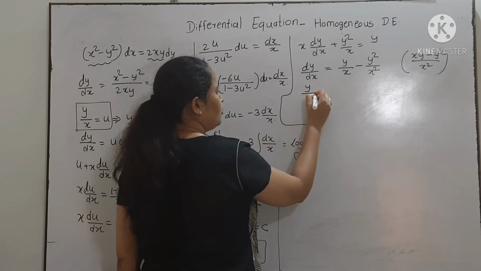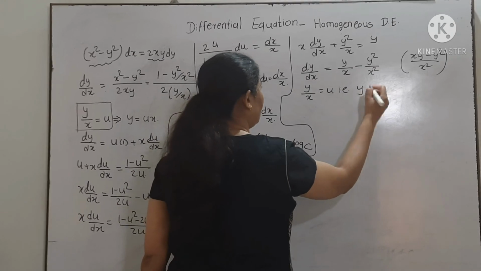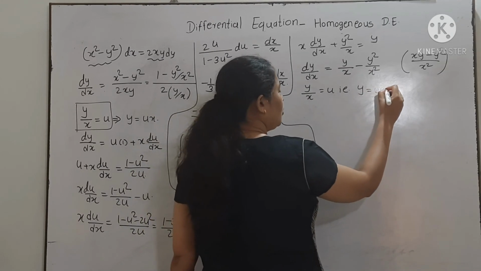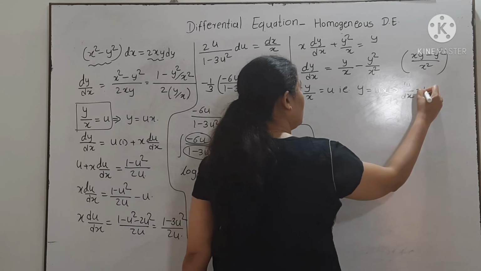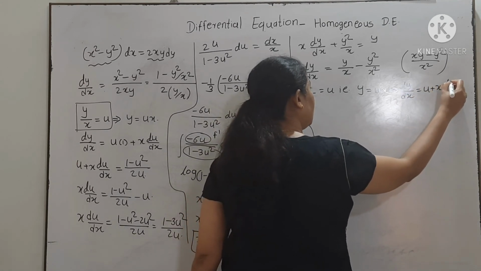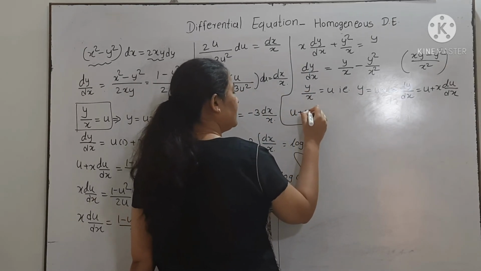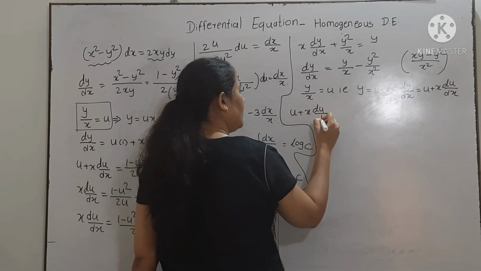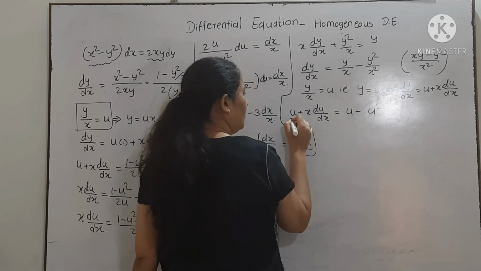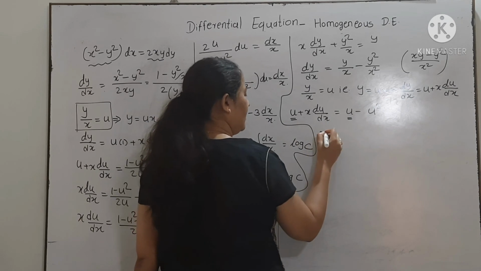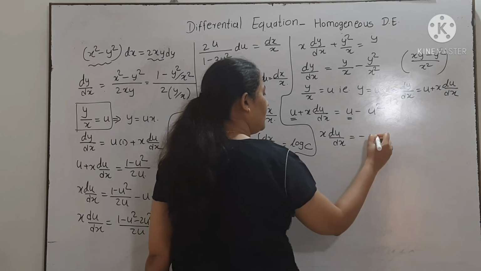If I use the substitution y upon x is equal to u, the same substitution we are using every time, y is equal to ux. This gives you dy by dx equal to u plus x into du by dx. So you have u plus x du by dx equal to u minus u square. This u will get cancelled. x into du by dx equal to minus u square.